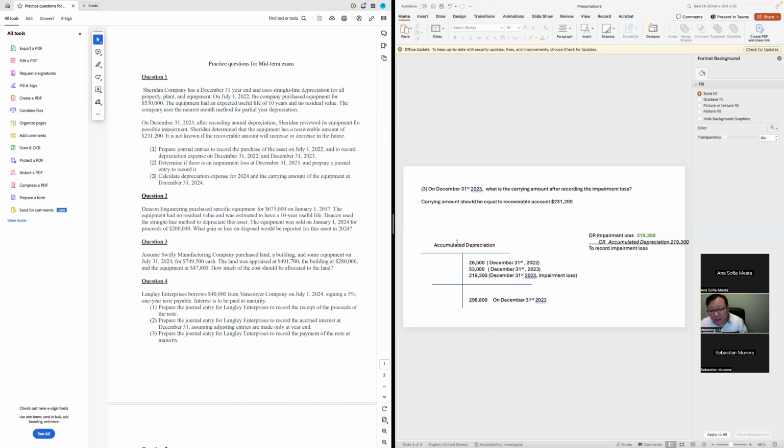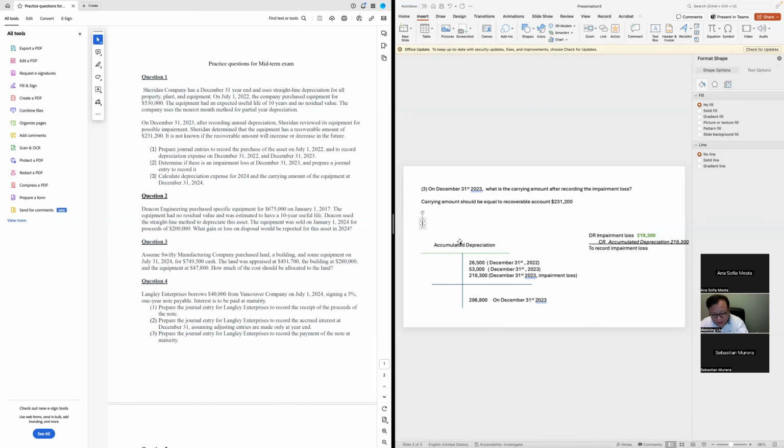So then what is my carrying amount, right? So the carrying amount equals cost minus cumulated depreciation, right? My cost is 530,000. My cumulative depreciation after recognizing the impairment loss is 298,800.